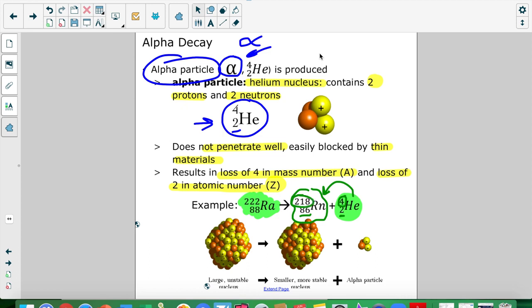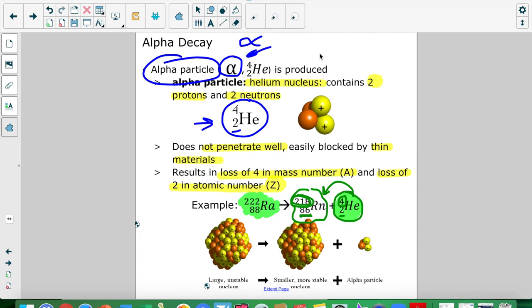Okay? So just to review, if we have a radioactive isotope that emits alpha radiation, that is going to be emitted as a nucleus of helium, helium-4-2. So therefore, the new isotope that is being formed is going to have a mass number of 218 and an atomic number of 86 in this case.